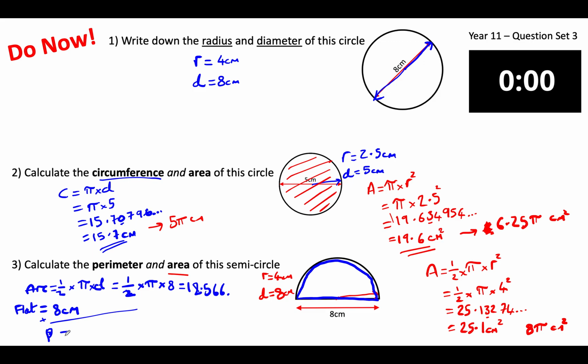So we add 8 and the 12.5666 whatever to get 20, and to 1 decimal place, because there's a 6 there, the 5 is going to get rounded up to a 6. So you add together the arc and the flat bit to get the total perimeter. Otherwise, you've only got half the outside, not all of it. 20.6 centimeters.